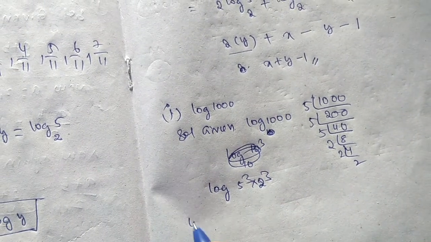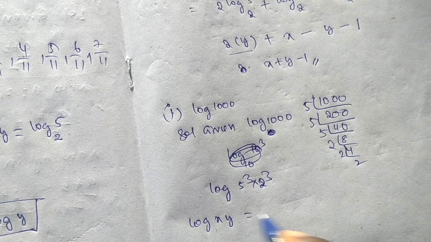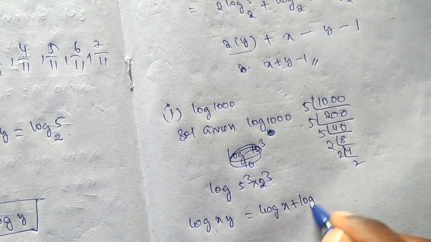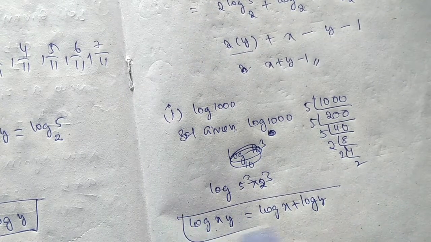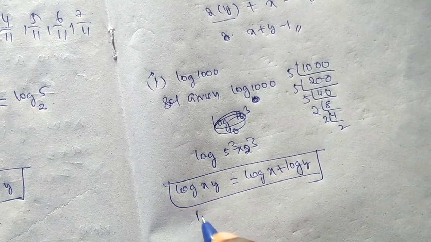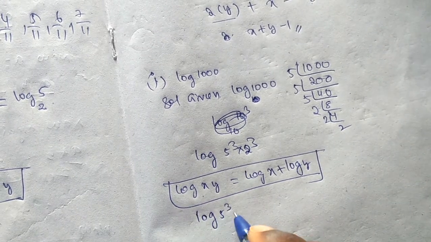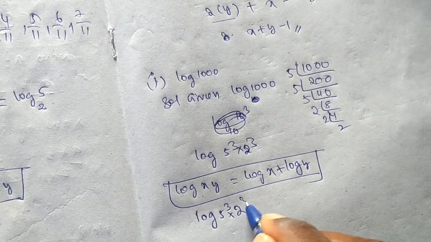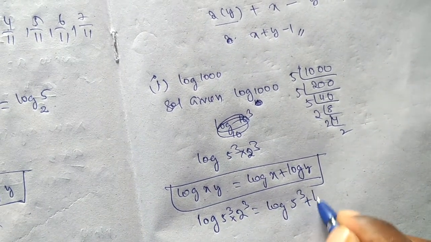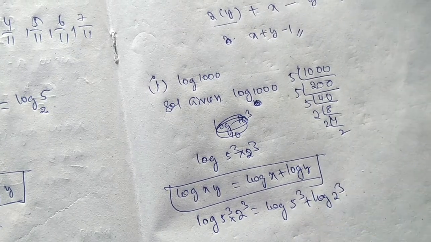So how is it? Log xy you can write as log x plus log y. I applied this formula and expanded it. Log of 5 cube 2 cube is equal to log 5 cube plus log 2 cube.